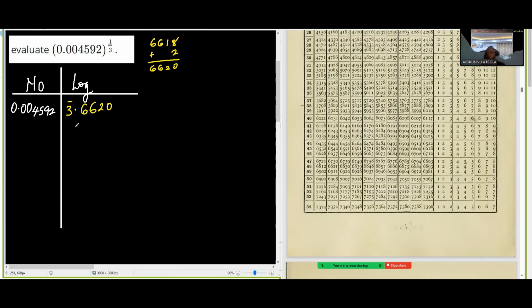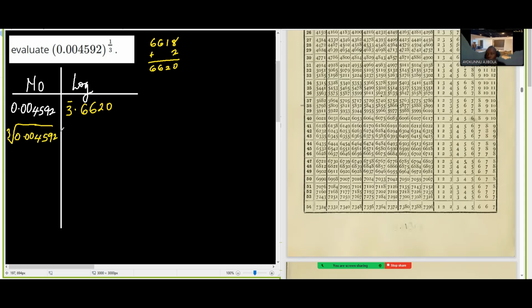Now the next thing is the raised to power 1 over 3, or we call it cube root. Not square root but cube root. The cube root of 0.004592 is what we want to find.